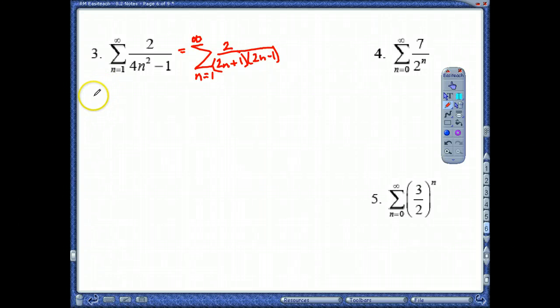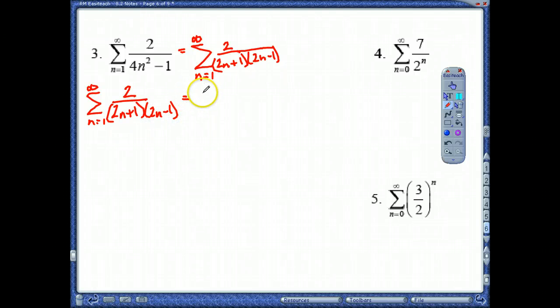Okay, and I am going to do a little partial fractions. So I had a whole one fraction. I need to split that apart. So when I'm looking at this guy right here, I'm going to do my partial fractions just like I did with integration.